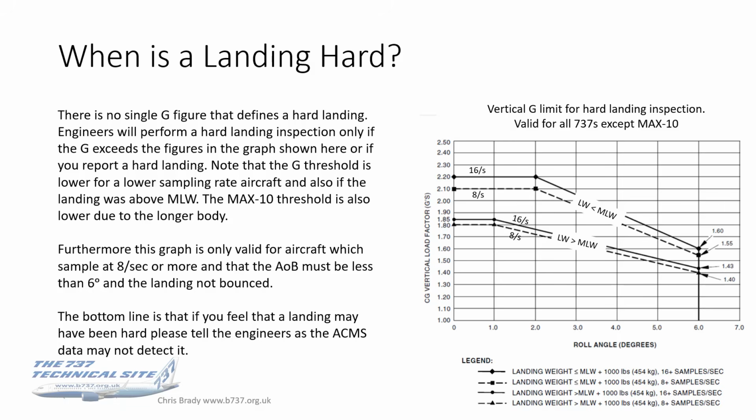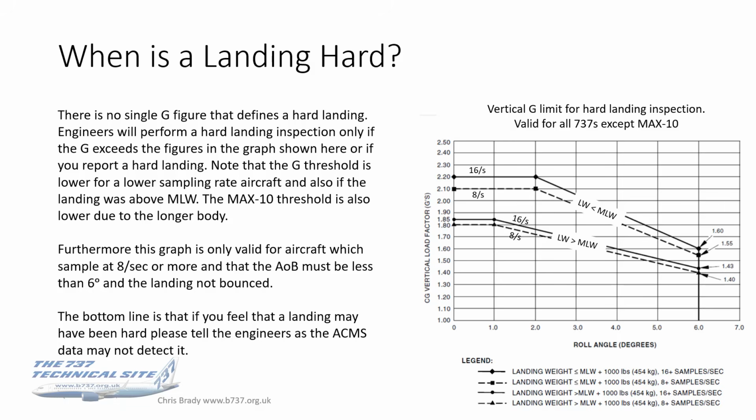This graph is actually valid for all 737s except for the Max 10. So all NGs and all Maxes except for the 10, and the reason why the 10 isn't included in this is because it's a longer body, so there can be more effect at the extremities, in particular the nose wheel.